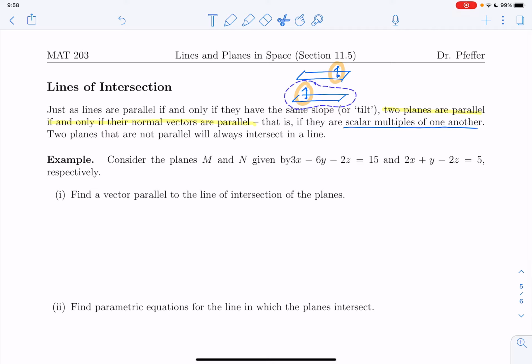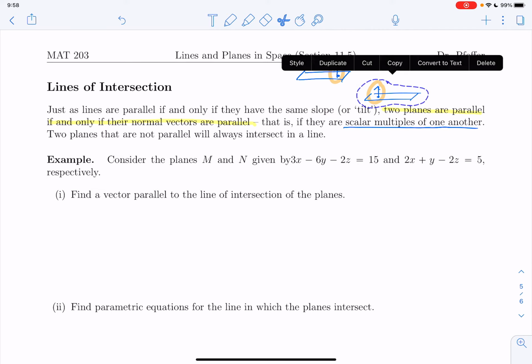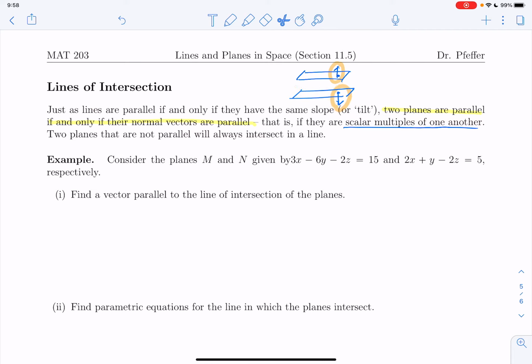For example, if I twist this, we see again two parallel planes, but the normal vectors point in opposite directions. So when it comes to two vectors being parallel, that just means they're scalar multiples of each other. They might very well point in different directions if that scalar, for example, is negative. So that's what parallel planes do.